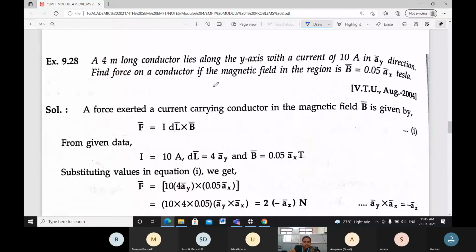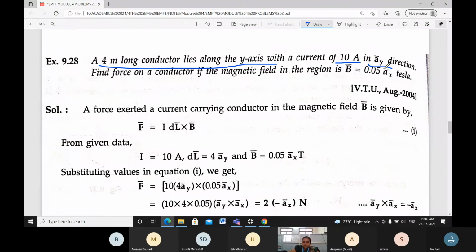The force exerted by the current carrying conductor in a magnetic field is given by, we know this equation, F is going to be I dl cross with B. Based on the given, I is 10 amps, along AY direction. Therefore, dl is going to be 4 into AY, 4 meter long along the Y axis.